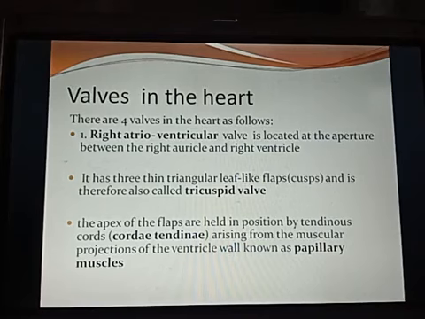These projections are known as the papillary muscles. From the papillary muscles, the chordae tendineae arise and join to the apical portion of the flaps. These tendinous cords help prevent the flaps from turning back, which prevents the backflow of blood.